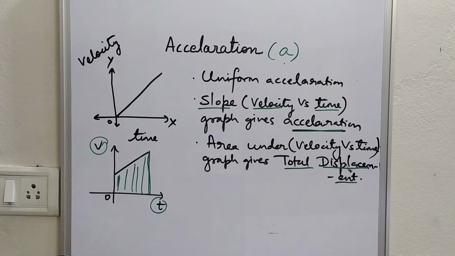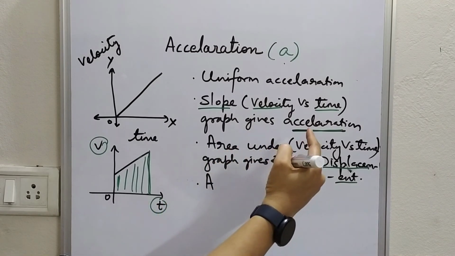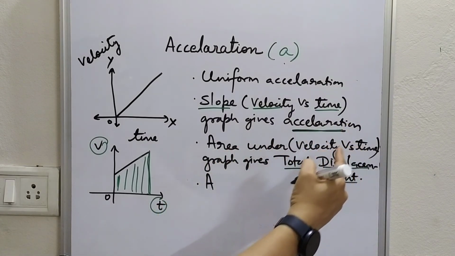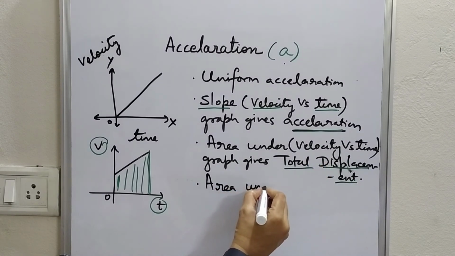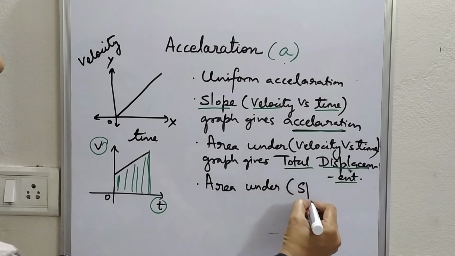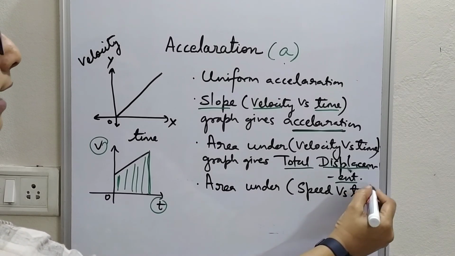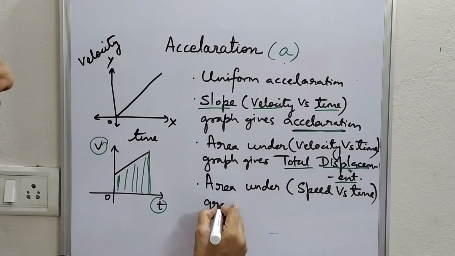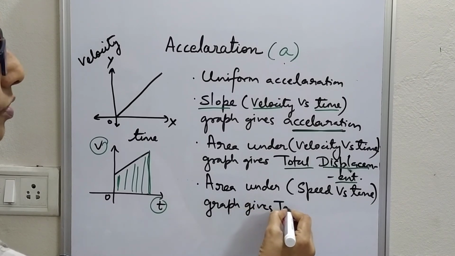So here itself I mentioned one more thing. If the area under a velocity versus time graph gives total displacement, then what will we get by finding the area under a speed versus time graph? The area under a speed versus time graph gives the total distance traveled by the body.